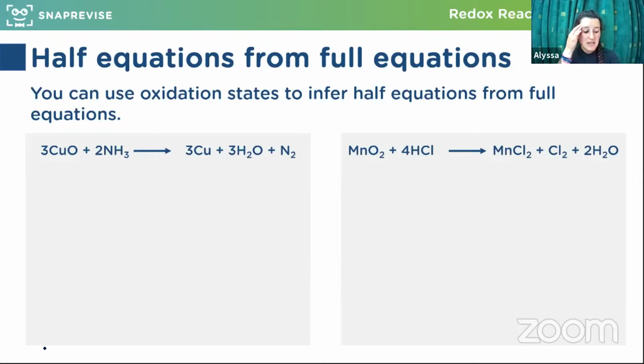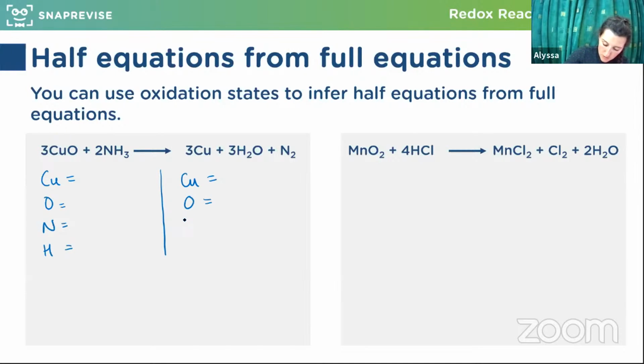I'm going to speed through working out the oxidation states just to save time. If you want to, please let me know what the oxidation states are of all of these elements, and then we can work out what has happened to each element, if anything, and therefore we can write our half equations.